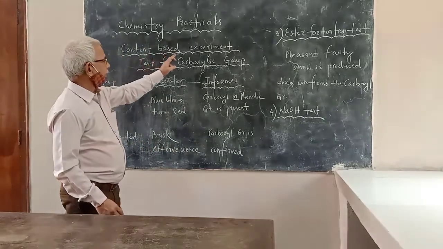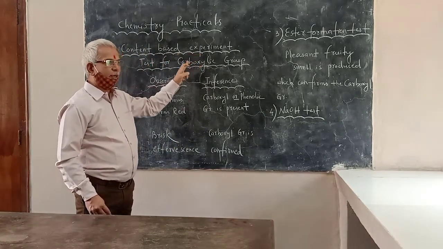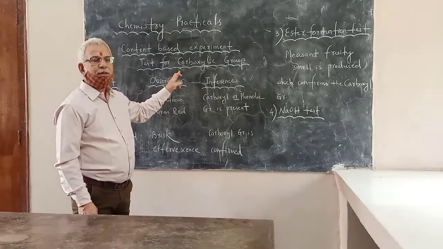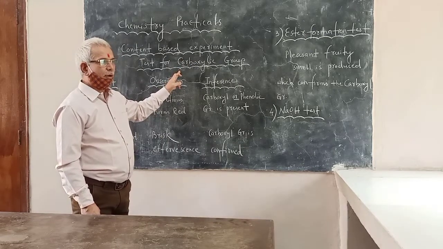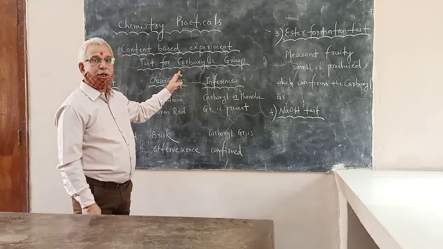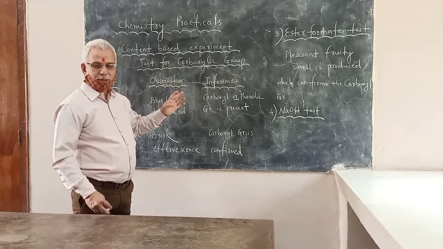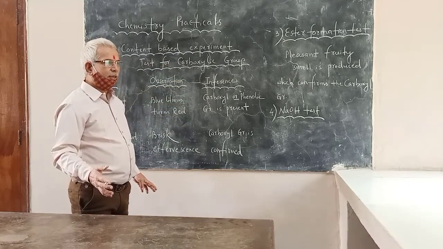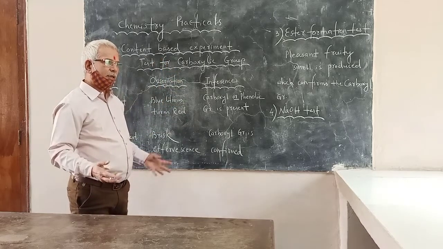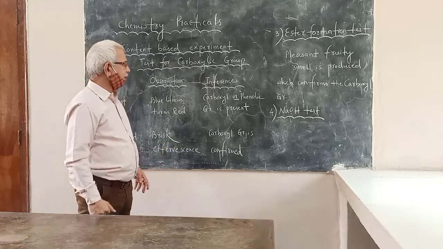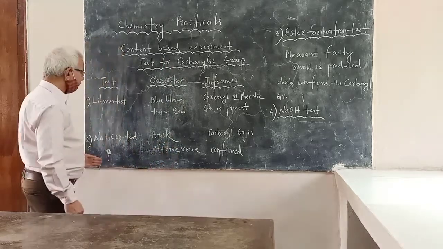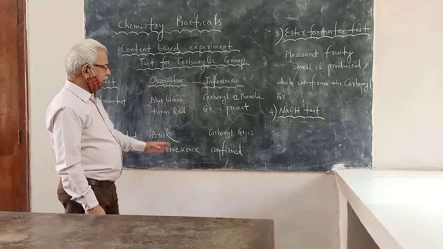Today we are checking whether the given organic compound is an acid or not. If it gives a positive test, as given in the standard book, then it is okay. Otherwise, no. So we have the test column, observation column, and inference.